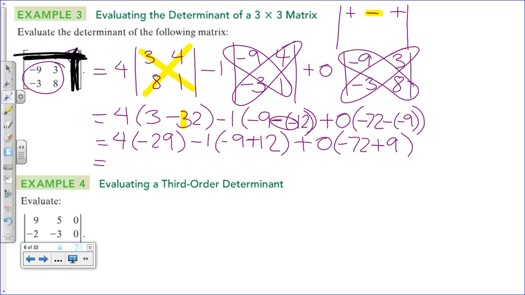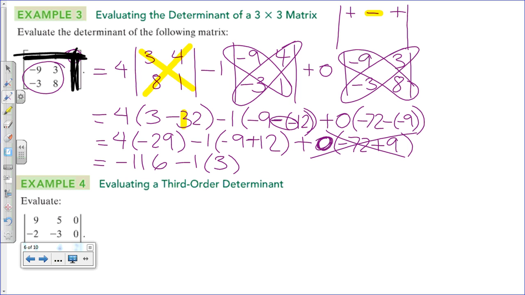Next we have 4 times negative 29, which is negative 116. And then here we have negative 1 times negative 9 plus 12 is 3. Now here, negative 72 plus 9 is equal to negative 63. But I don't even need to bother doing this anymore, because when I multiply by 0, I'm just going to get 0.